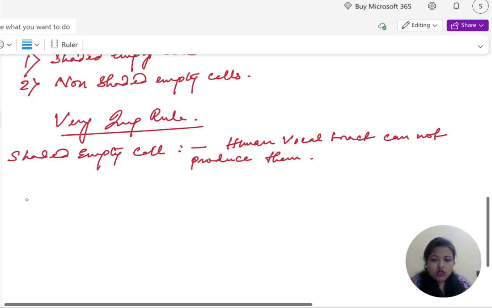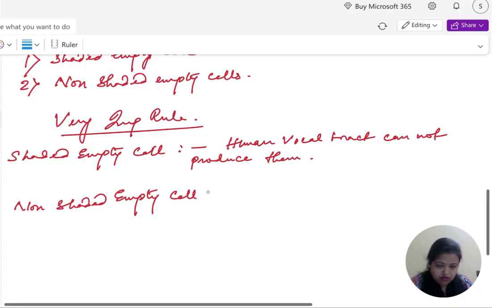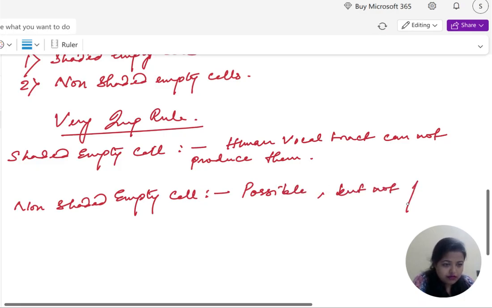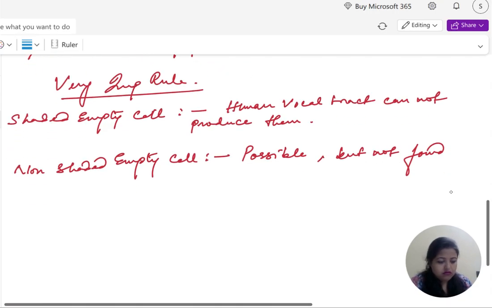Now coming to non-shaded: possible but unattested sounds, which means they can be produced but are not found in any known language yet.